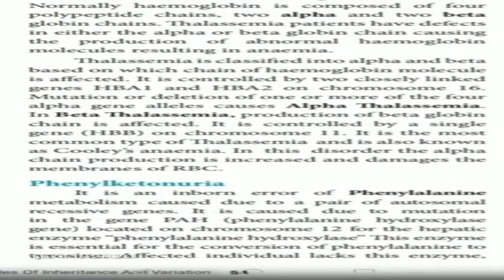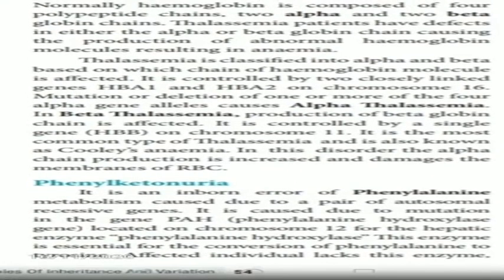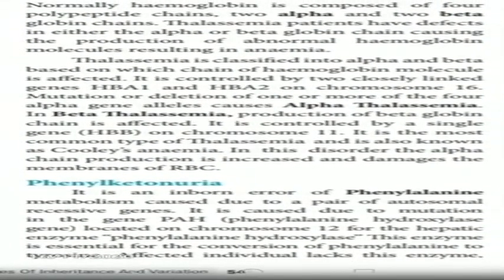Alpha and beta thalassemia are controlled by 2 closely linked genes, hemoglobin A1 and hemoglobin A2, on chromosome 16. Mutation or deletion of one or more of the 4 alpha gene alleles causes alpha thalassemia.